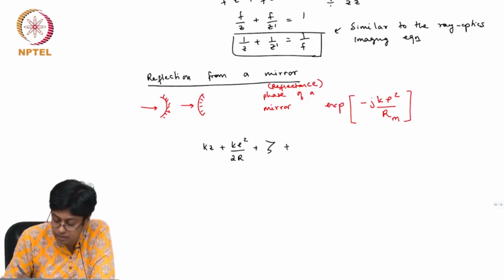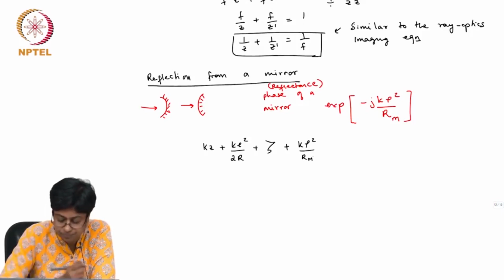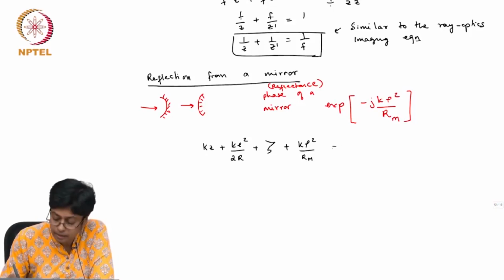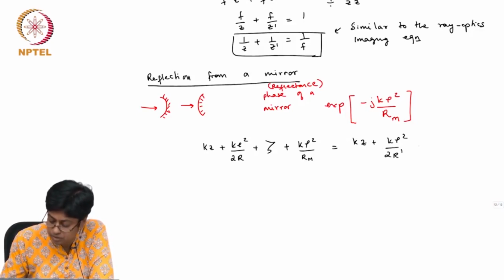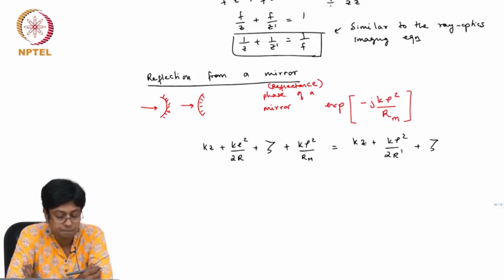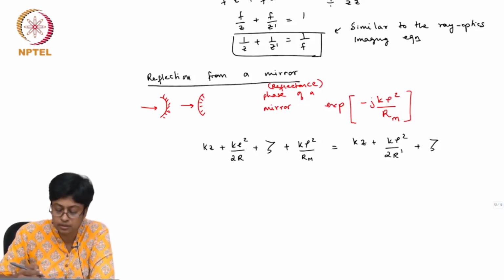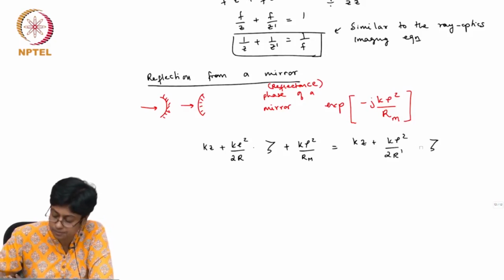So it's minus minus, so I'm going to have k rho squared by R_m, and of course what goes off is a Gaussian beam with a new radius of curvature. Oh sorry, this is a negative.